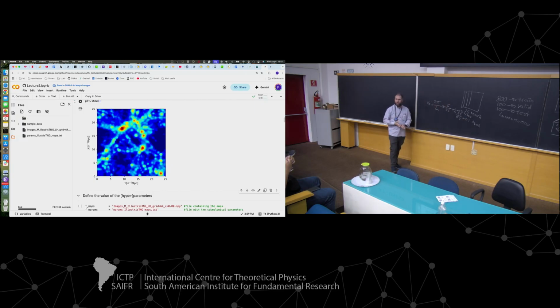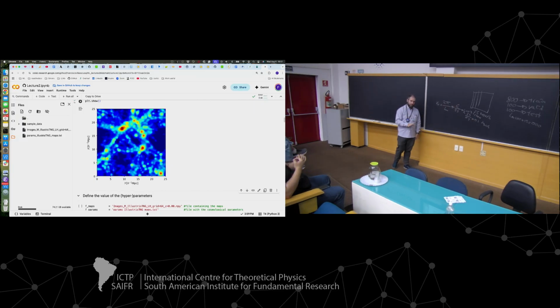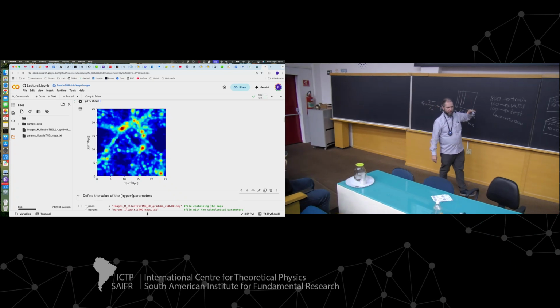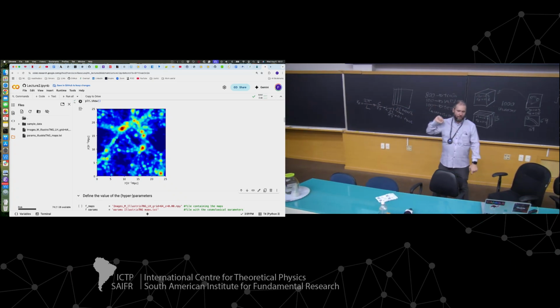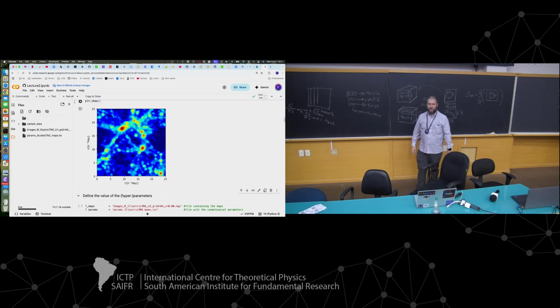So the minimum k that we have in this image is 0.3 h/megaparsec, which is already where perturbation theory breaks, right? We're talking about a system that is incredibly nonlinear, that I don't think you can really analyze with perturbation theory. So let's try to see if with machine learning we can do this.